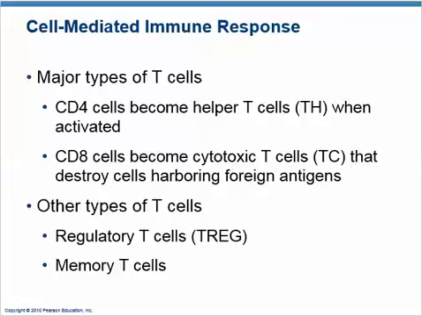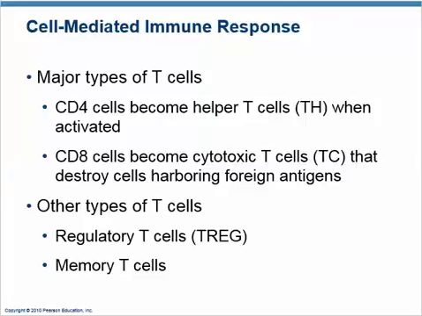So the CD4s, the ones that have the CD4 receptor, become helper, and the CD8s become killers, cytotoxic. They destroy cells that are harboring foreign antigens. So really, these are like specific natural killer cells.